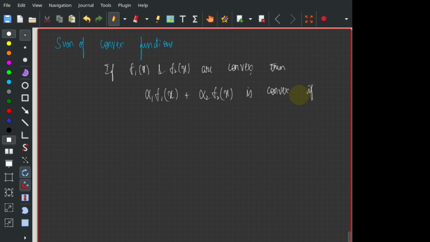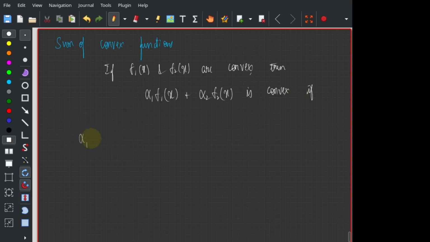Does it have to be? Do alpha 1 plus alpha 2 have to sum up to 1? Both non-negative. So let's look at this.